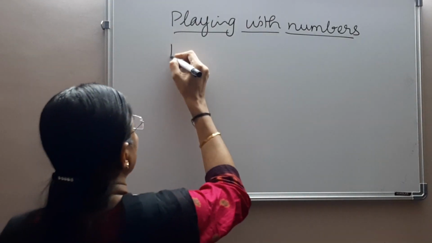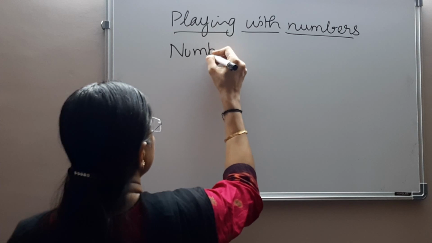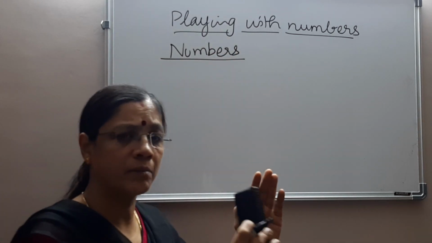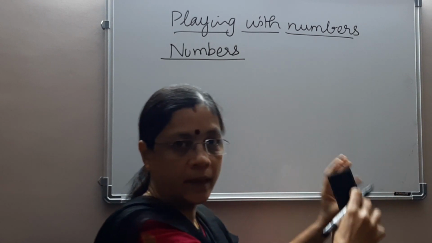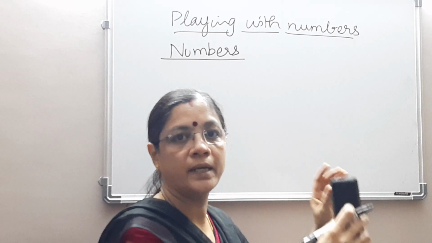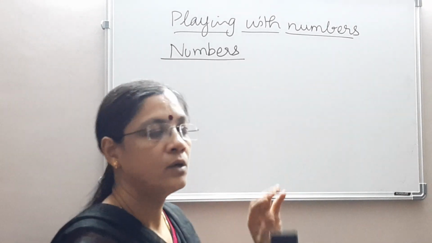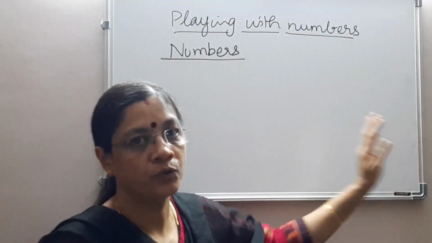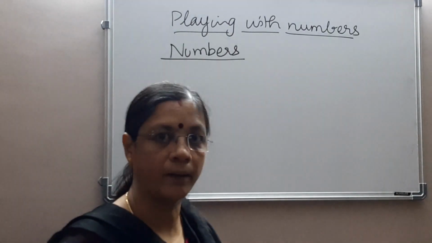The types of numbers we are going to read about, let the concept of factors and multiples that we have studied be there. We'll be using it. First we'll learn about the numbers here, then we'll continue with factors and multiples and their application.